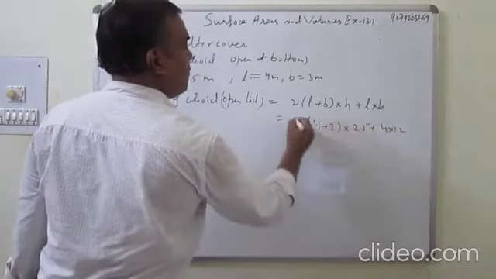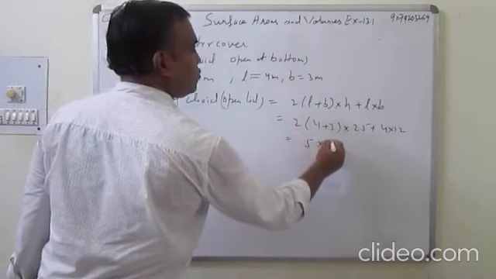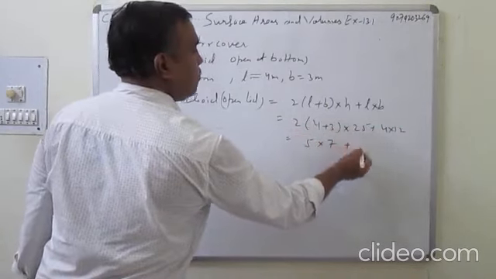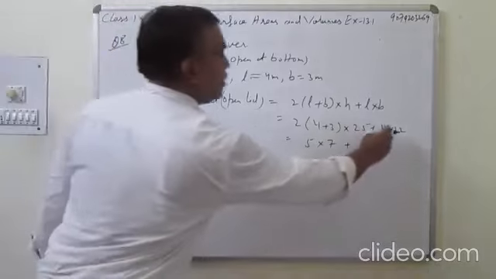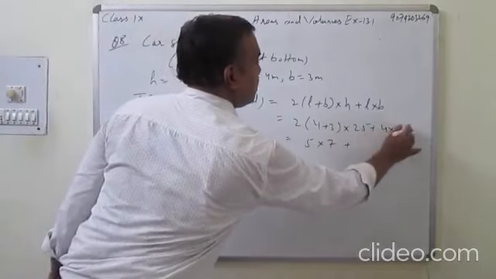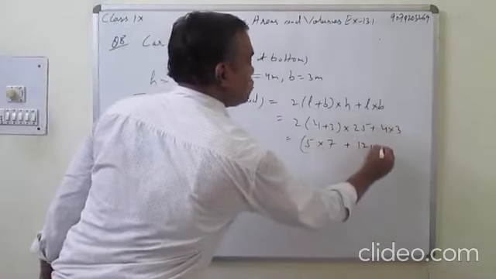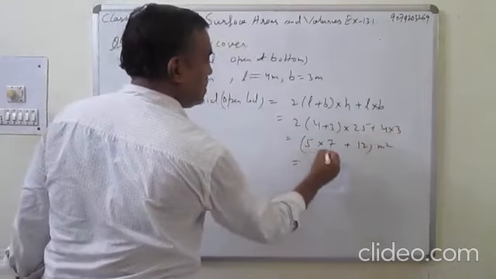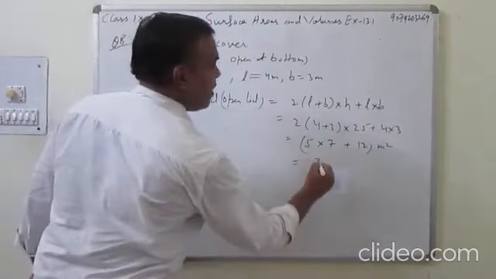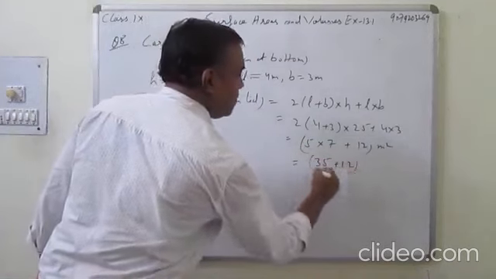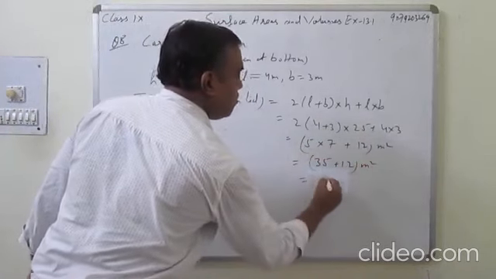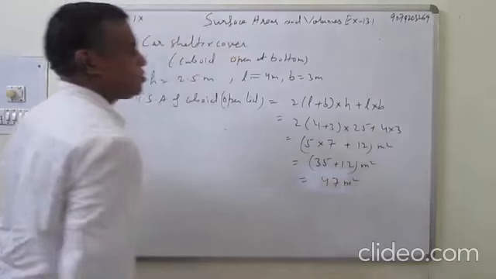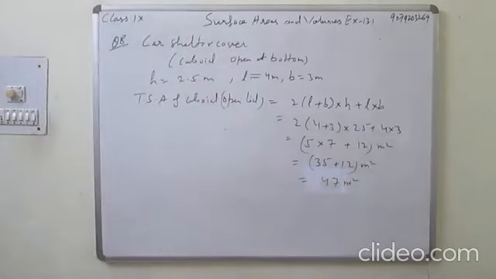Now 2.5 into 2 is 5, into 7 is 35, plus 12 meter square. It is 47 meter square.